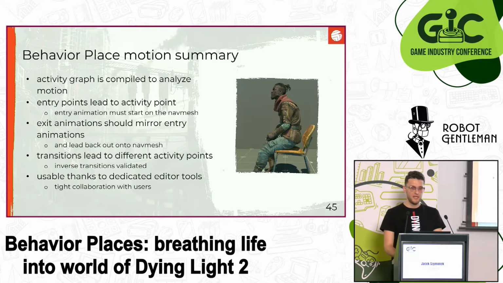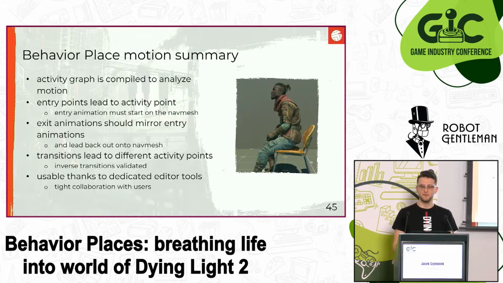Let's recap. The simple structure of activity graphs allows us to extract root motion data from the animations during asset compilation. On the level, we set the stage in such a way that the entry animations start at pre-calculated entry points and lead us to the activity point, which may be outside of the nav mesh, otherwise unreachable. Exit animations must mirror the entry animations and must lead the character back onto nav mesh.